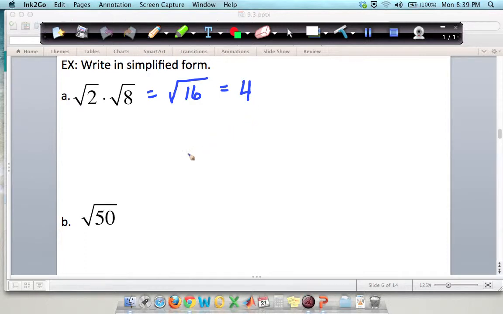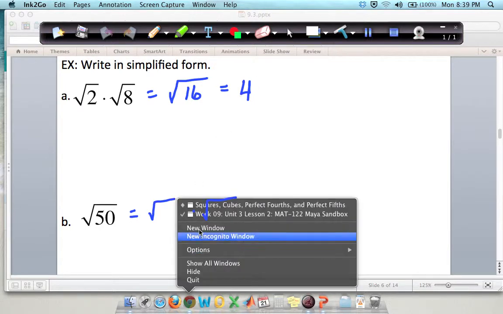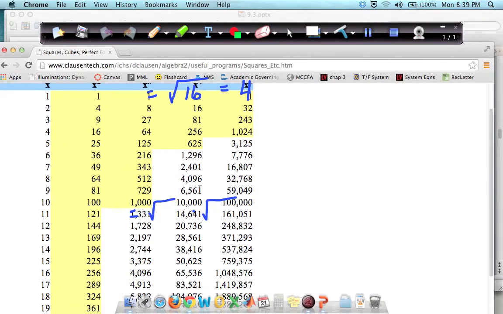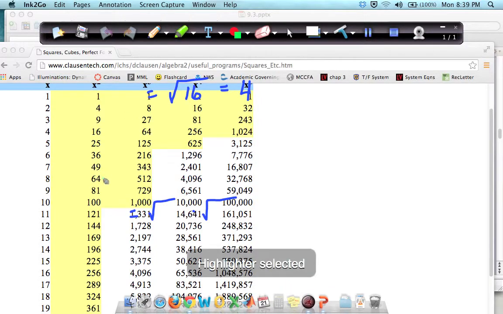Okay. For the square root of 50, I actually need to use that product rule. And the goal is I'm going to break this up into two radicals where I have two numbers that multiply to be 50, where one of them's a perfect square. So if I go to look at my list here of perfect squares, you would start with the first number that occurs right after 50.